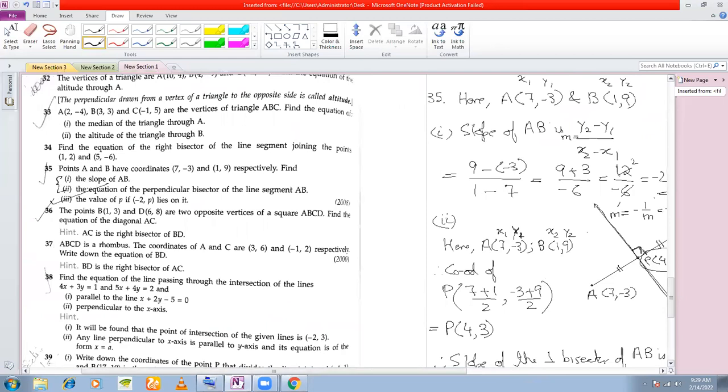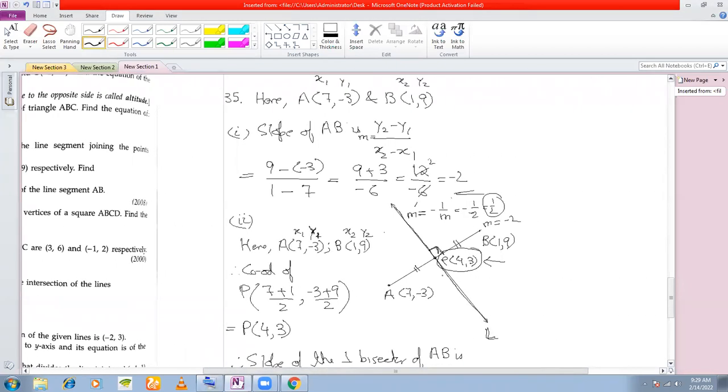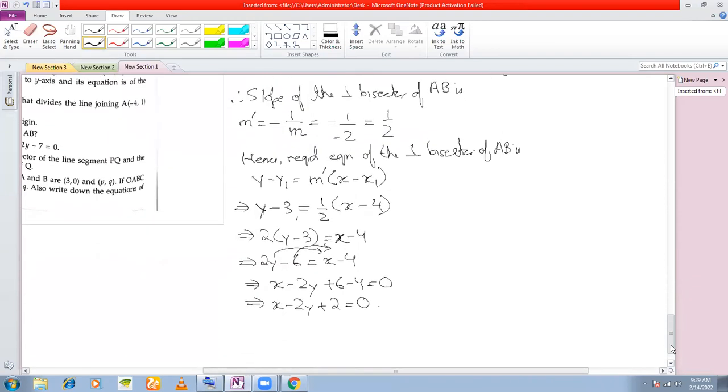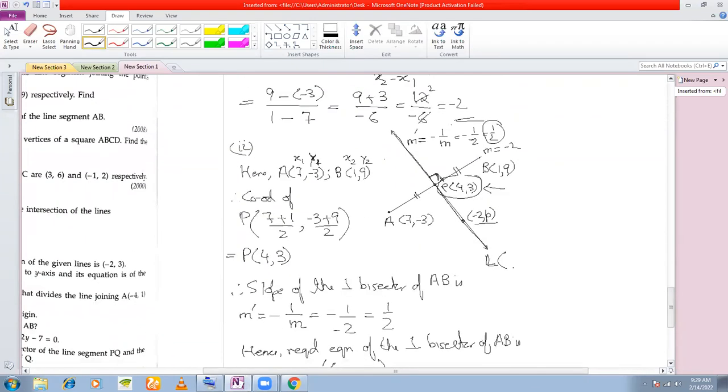The value of p if minus 2, p lies on it. Lies on it means what? Lies on the perpendicular bisector. Let's say minus 2, p is here. Then what should be the value of p? See, you already know the equation of this line, right? We have already found this out. What is the equation of this line? x minus 2y plus 2 equal to 0.